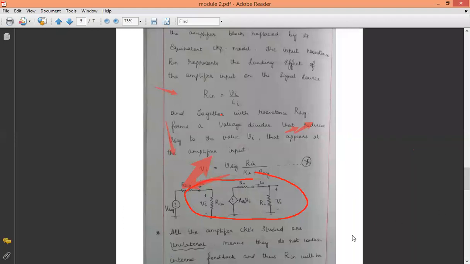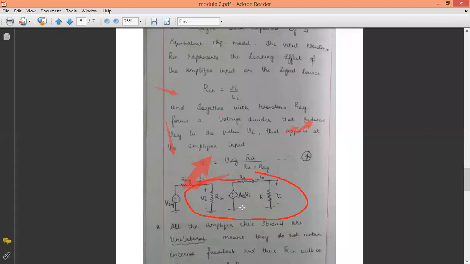Now, what is V0 by Vi? You have to multiply AV into AV0. AV means with RL. AV0 means without RL. What is AV?